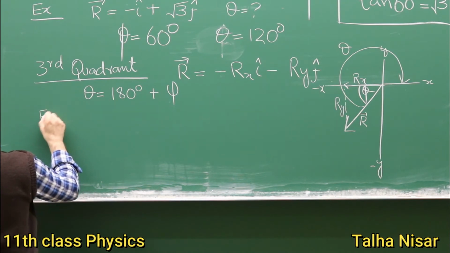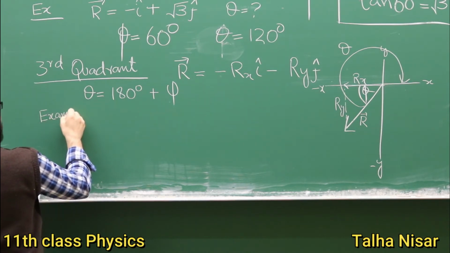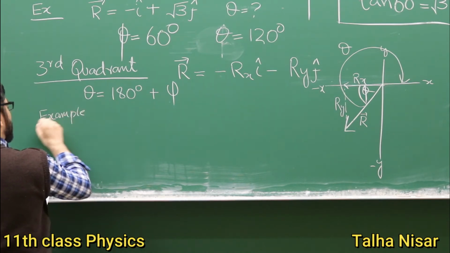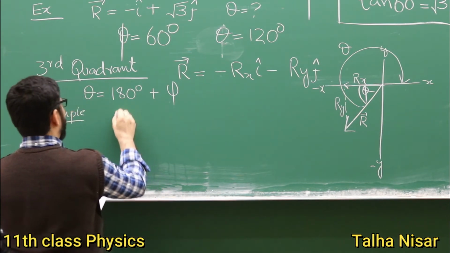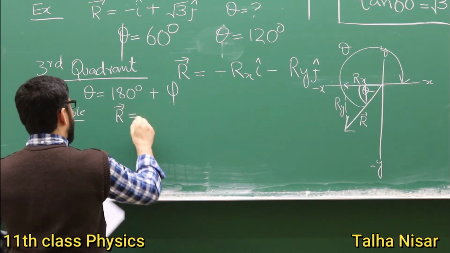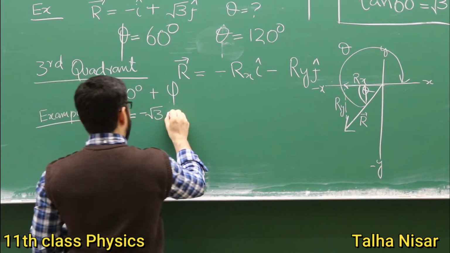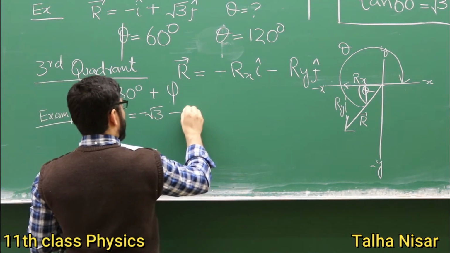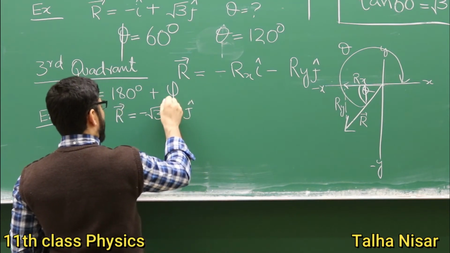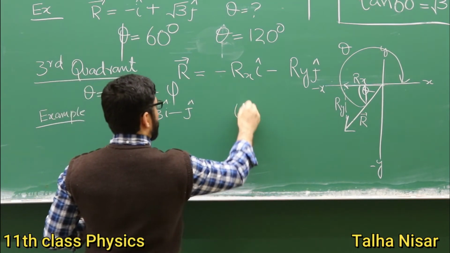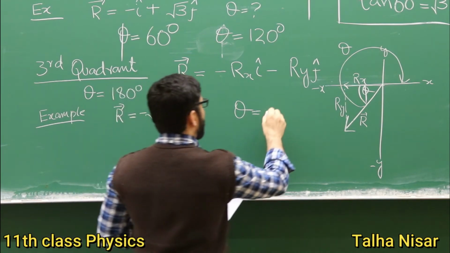So let's take an example. R equals minus root 3 i minus j, and we want to know the value of theta.